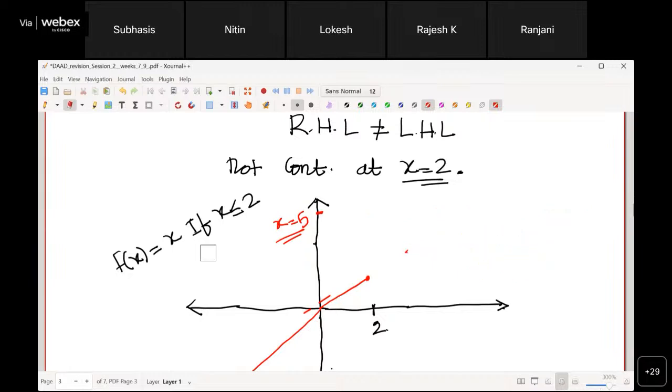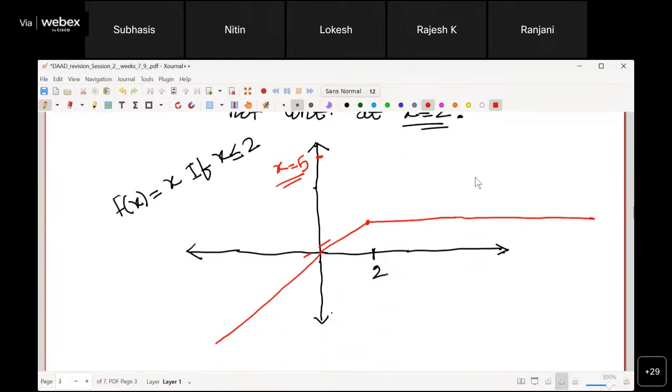Then you have a graph like this. It ends at 2 and goes on. So this function is certainly continuous at x equal to 2.